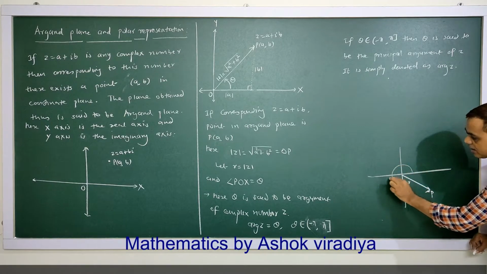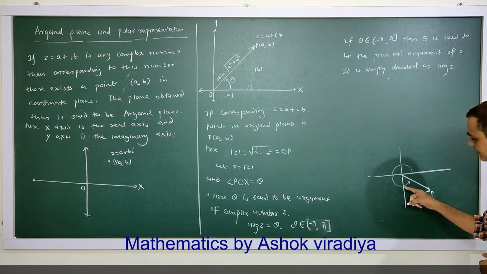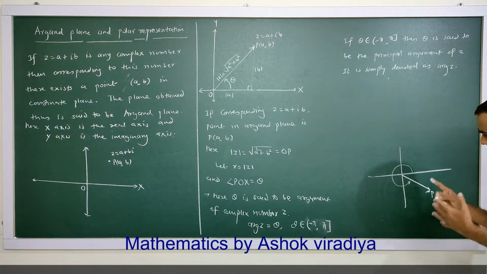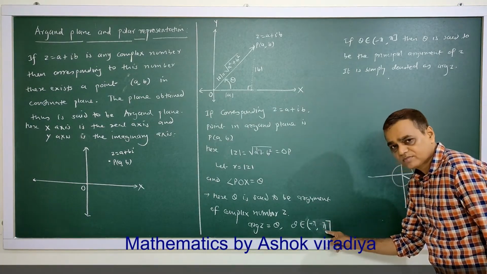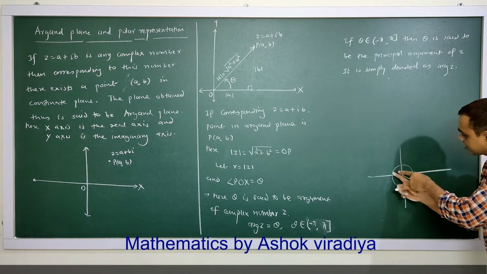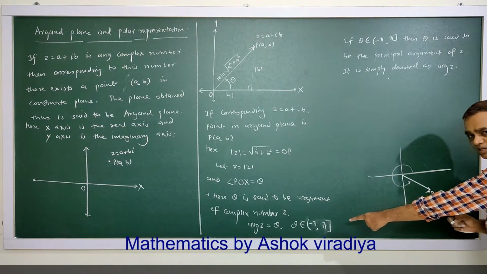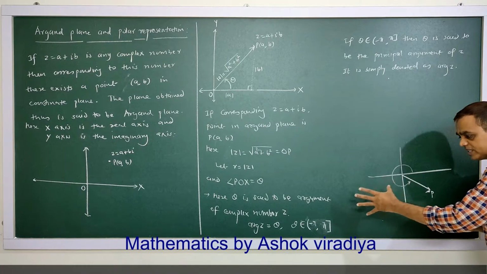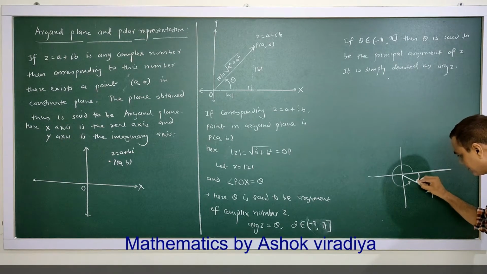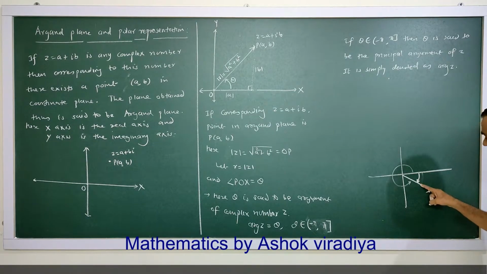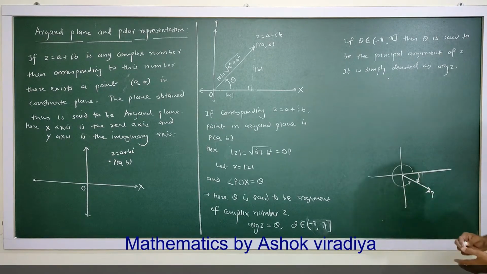But now we are going to take theta in this interval. If you take theta in this direction, if the point is in the fourth quadrant, then this theta does not belong to this interval. So to get a value in this interval, we will measure theta in the clockwise direction. So this will be negative, and this negative value will be included in this interval.